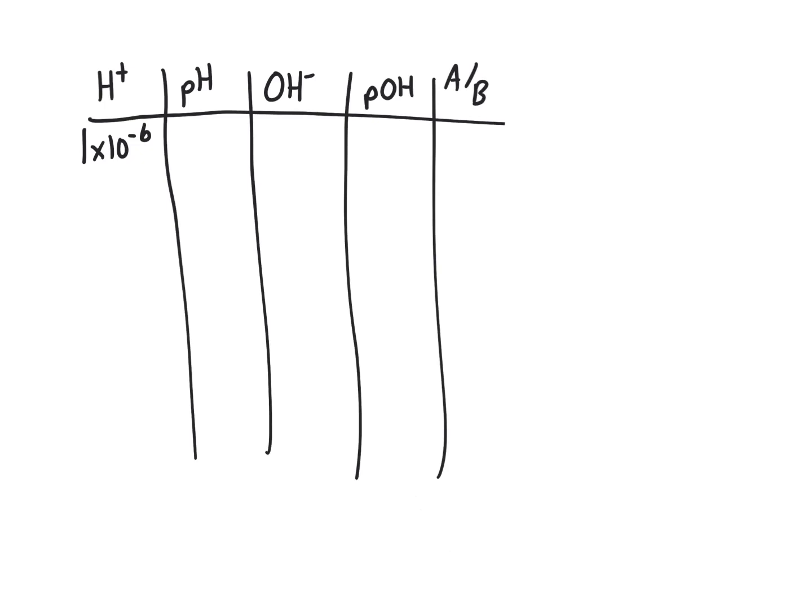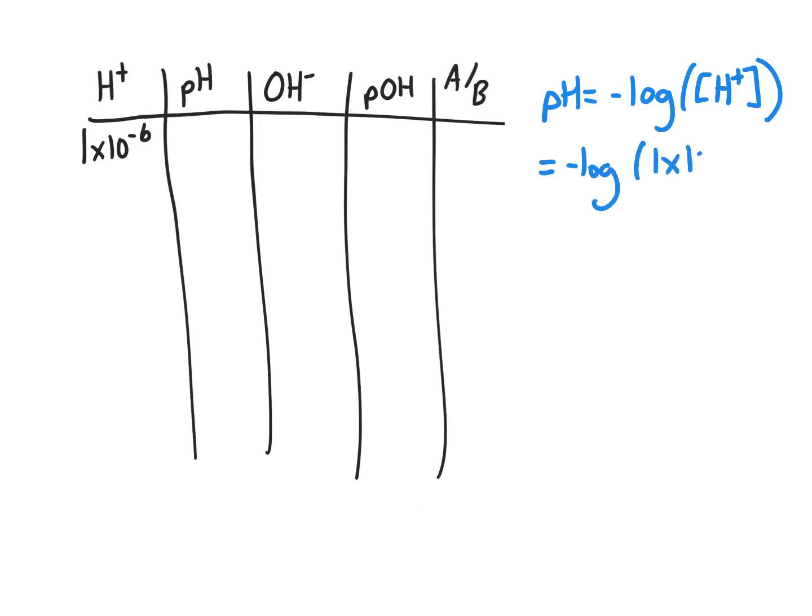pH equals negative log of H plus. So pH is going to equal negative log of 1 times 10 to the negative 6.